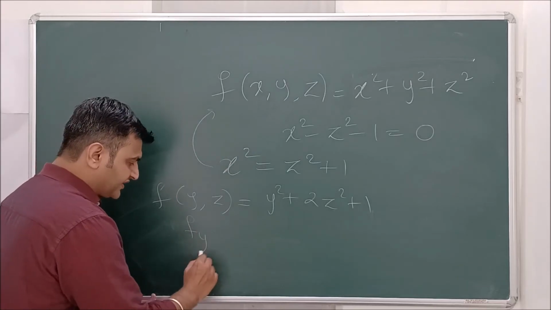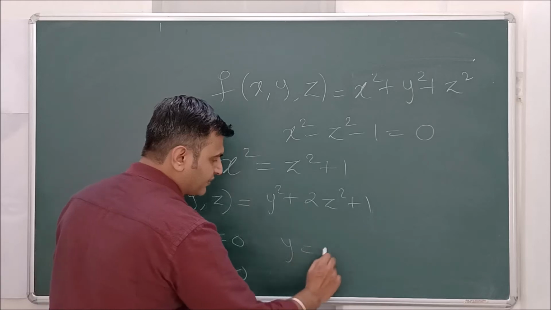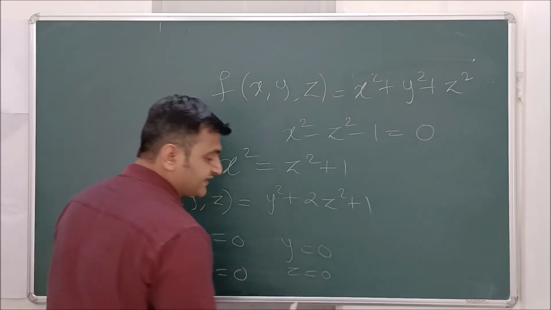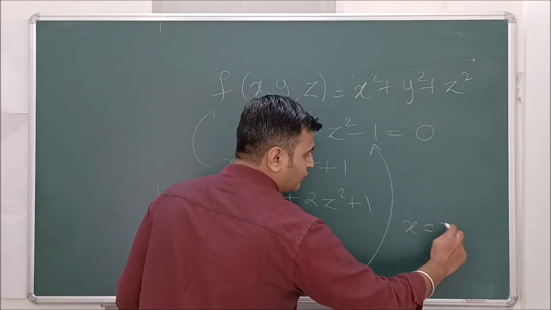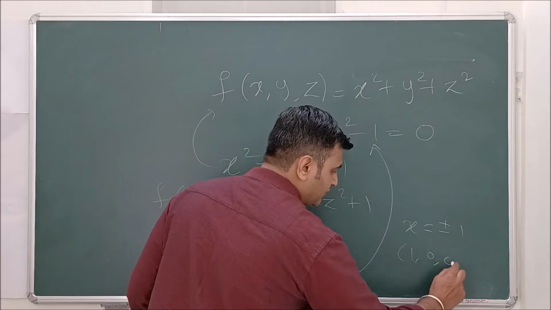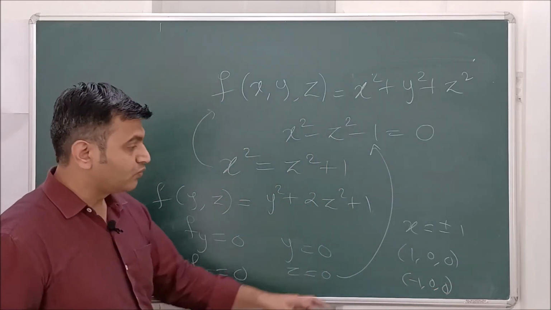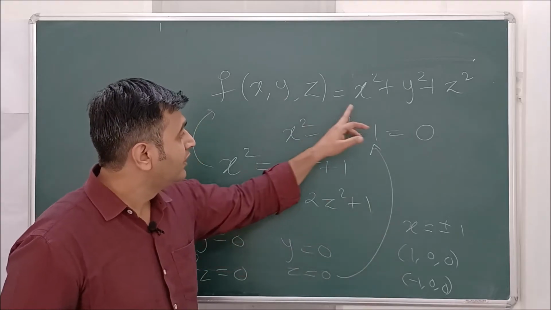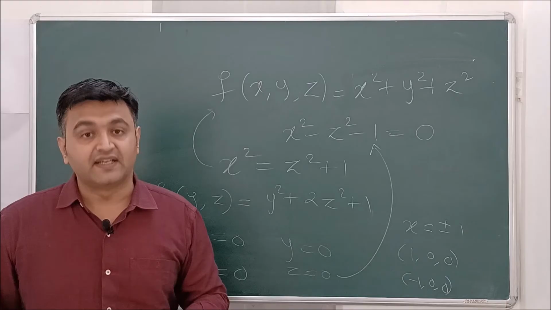Again you take the partials with respect to y and z and equate them to 0. You get y and z as 0, and putting z equal to 0, I get x equal to plus minus 1. Therefore I get (1, 0, 0) and (-1, 0, 0). These are the 2 points, and if you find the value, you get 1. So with this substitution you get the answer.